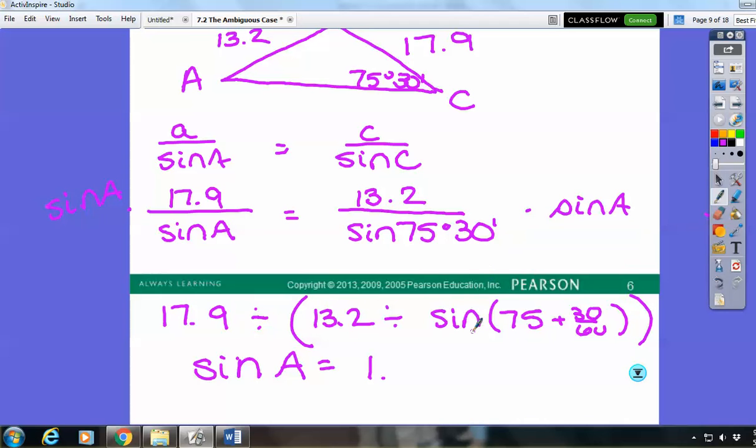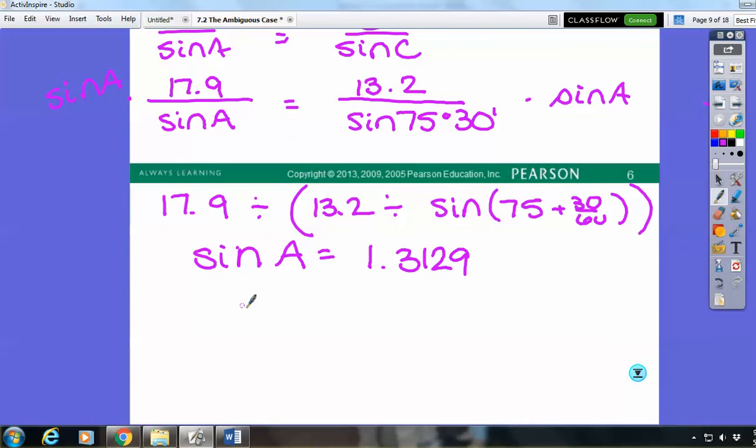How about 1.3129? Is that better? Okay. That's a positive. Sine is positive in which quadrants? 1 and 2. So you would have to get an answer for both of those. If you do sine inverse, so second sine, 1.3129.